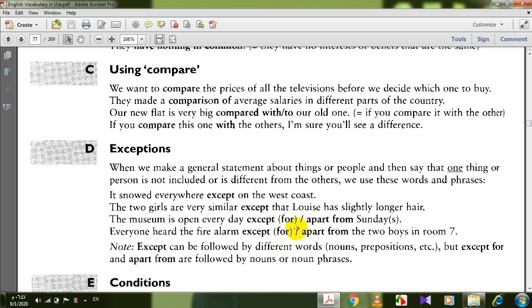Note, except can be followed by different words: a noun, a preposition, etc. But except for and apart from are followed by nouns or noun phrases.